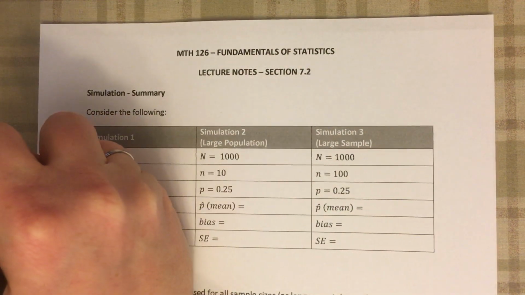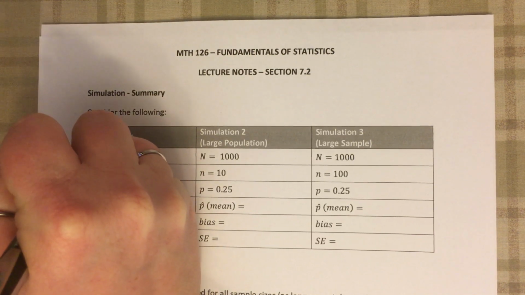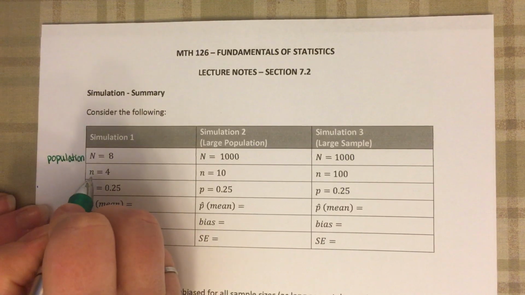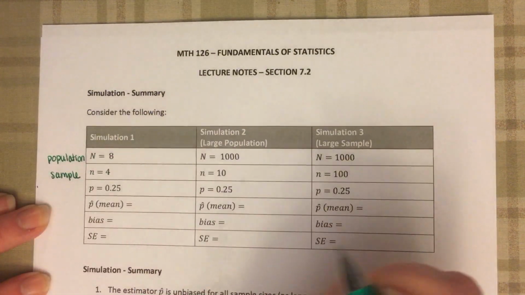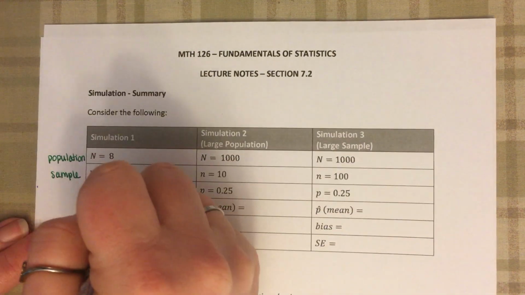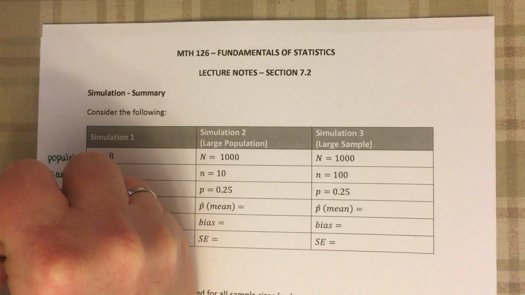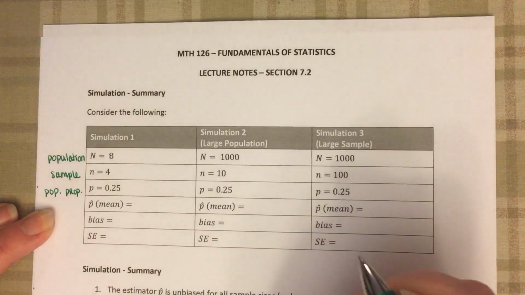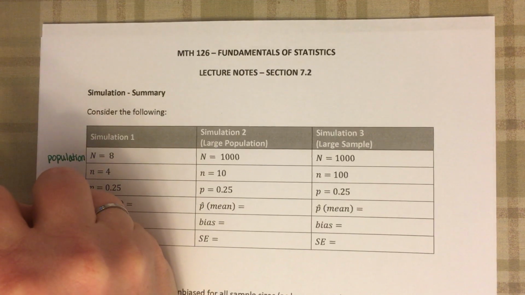This first row in all of these tables is our population size. This lowercase n is our sample size. Our P is our population proportion, and our P hat is the mean of our samples.